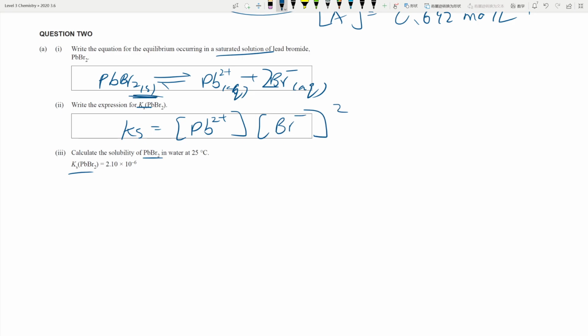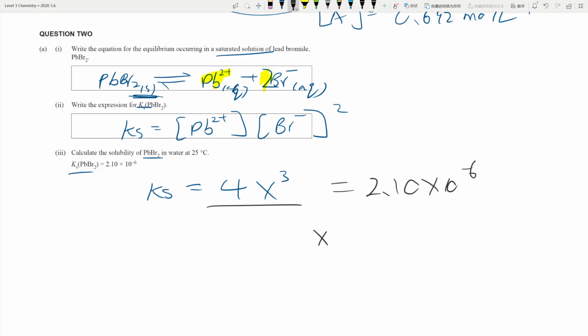Now calculate the solubility. This is just Ks equals 4x cubed, and how do you know that? Because this is a 1 to 2 mole ratio. So Ks equals 4x cubed, where x is solubility, and equals 2.10 times 10 to the power negative 6. So x cubed equals, you'll be surprised how many year 13s still don't know how to do this particular equation.